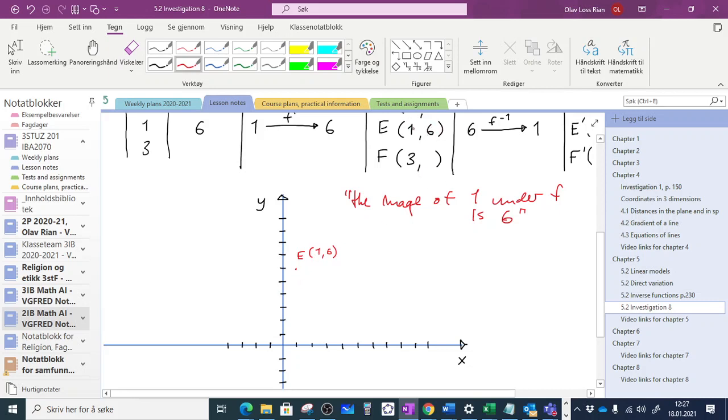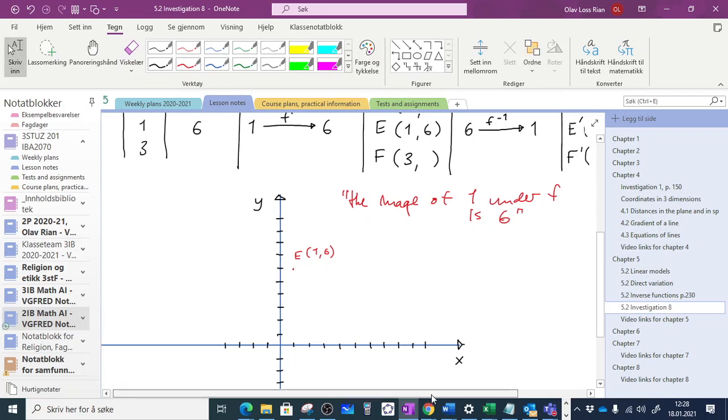And it's really the same information. We say that the image of 1 under the function f is 6, which means that the function value is 6 when the x value is 1. So it's just a different representation of what we already know as coordinates for a point that we can get from a function.